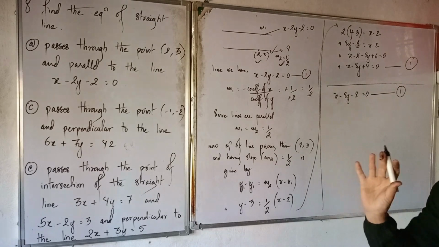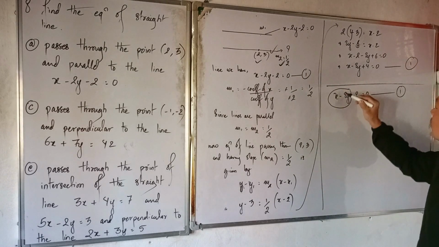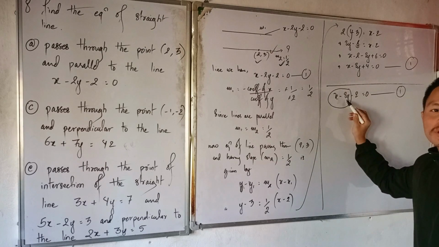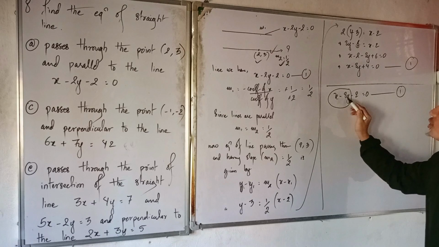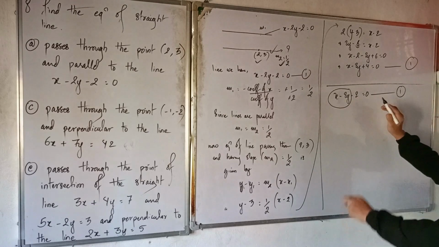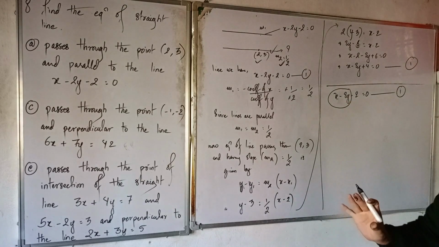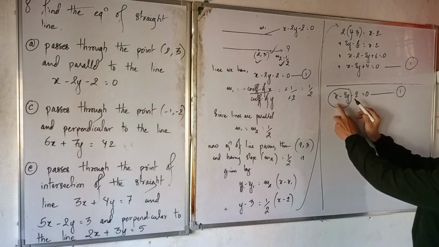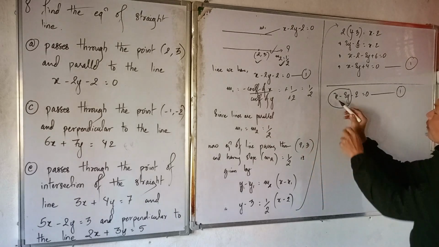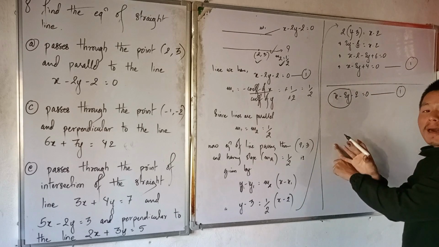Now in the parallel case, this portion remains the same and only the constant number will change. If a line is parallel to some other line, these two portions remain the same in the other line also.